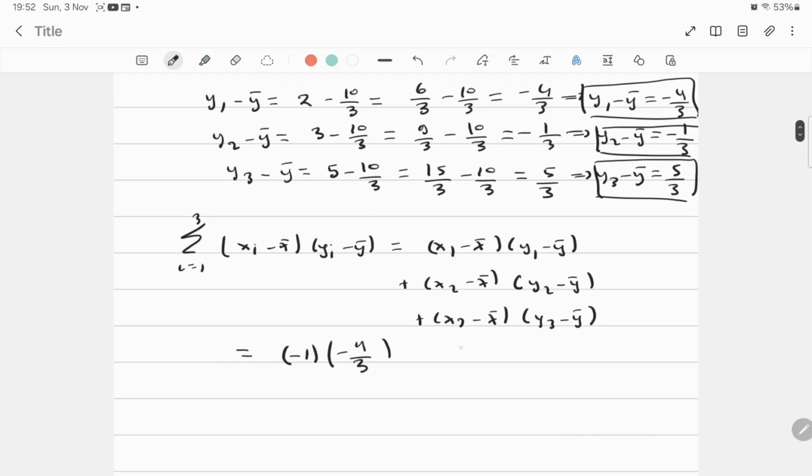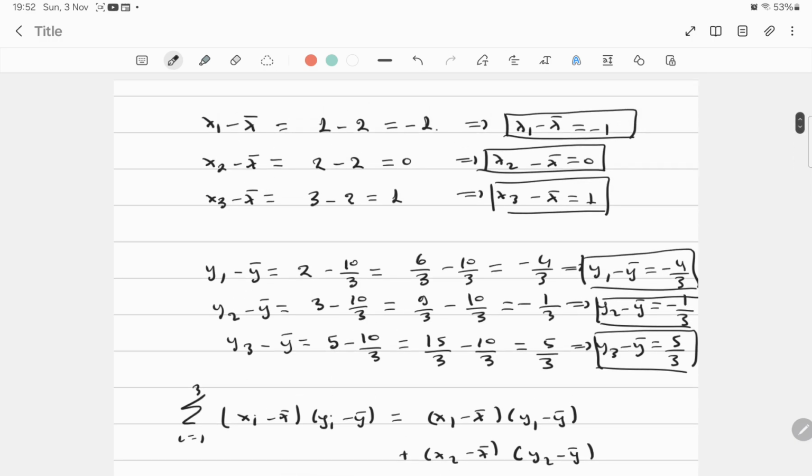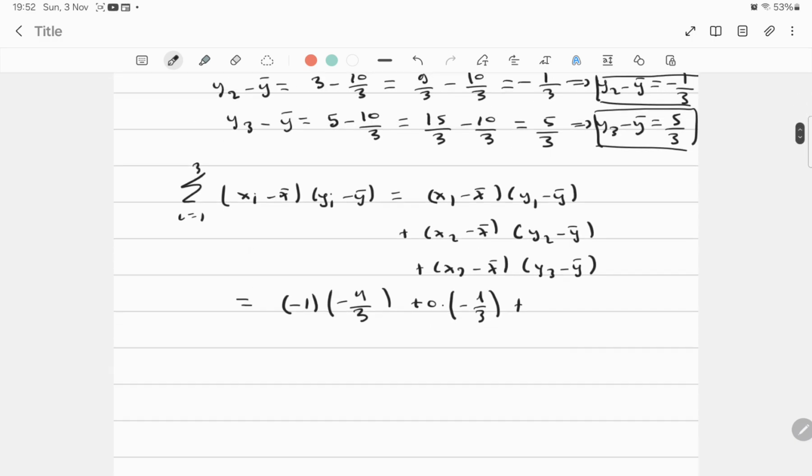The second term vanishes because it's 0 times minus 1 over 3, plus 1 times 5 over 3. So it's 4 over 3 plus 5 over 3, 9 over 3, and this gives me 3.